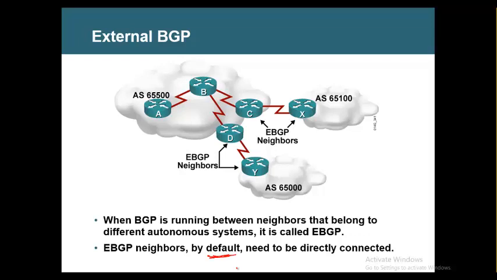If there is a need for you to form a neighbor with links that are not connected directly, it is possible by doing some additional tunings, not by default. By doing basic BGP configuration, don't expect a neighbor between links that are not connected directly.